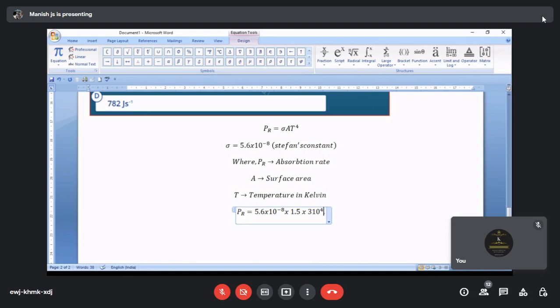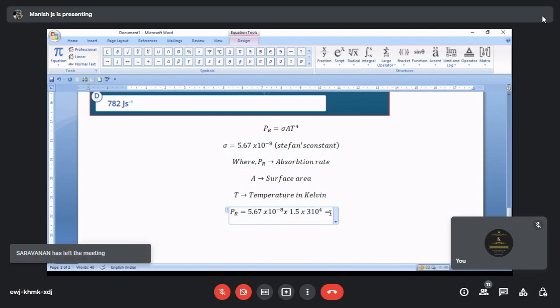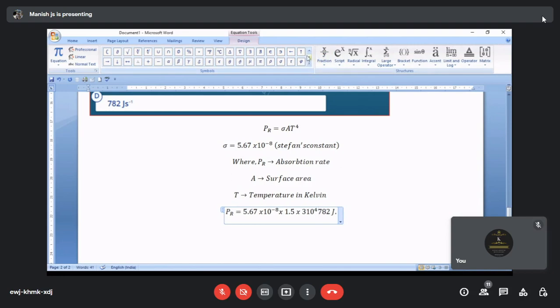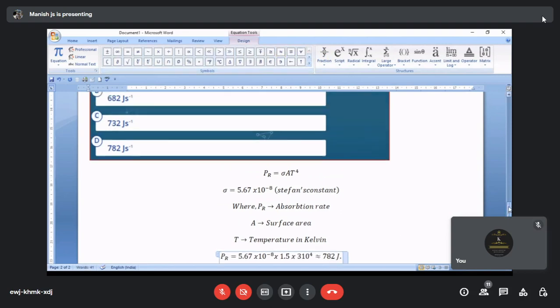When you simplify 310 to the power 4 into 1.5 into 5.67, taking 2 decimal places, approximately you will get 782 joules. This is the approximate answer. Option D, sir.